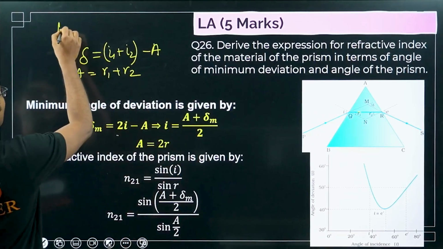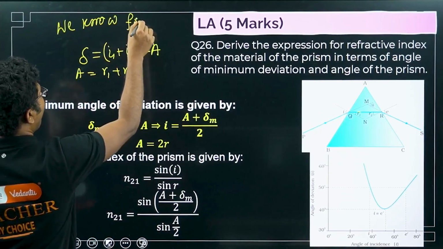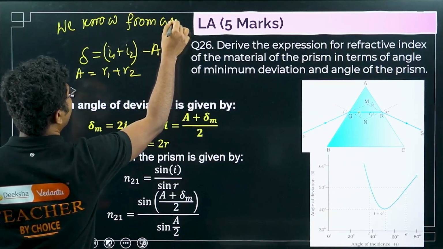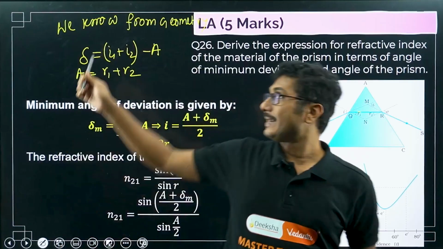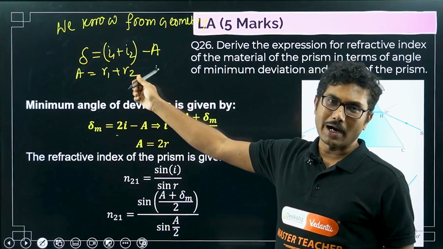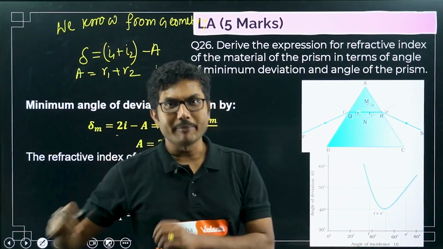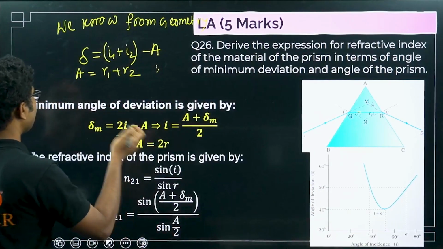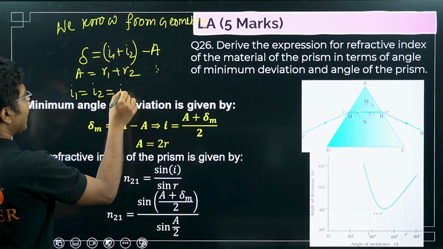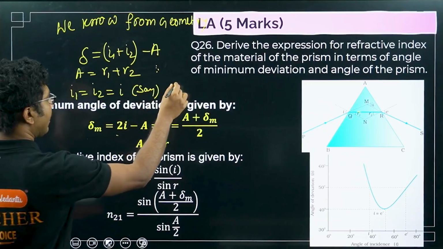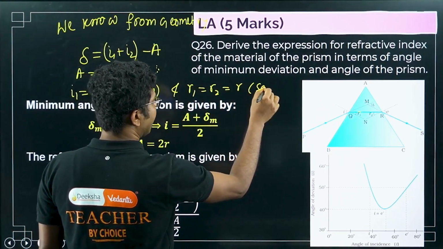We know that from geometry. This part you don't have to prove. This part you can take. Now after you write this part, from the graph we see that for angle of minimum deviation, i1 equals to i2 equals to i say, and r1 equals to r2 equals to r again say.